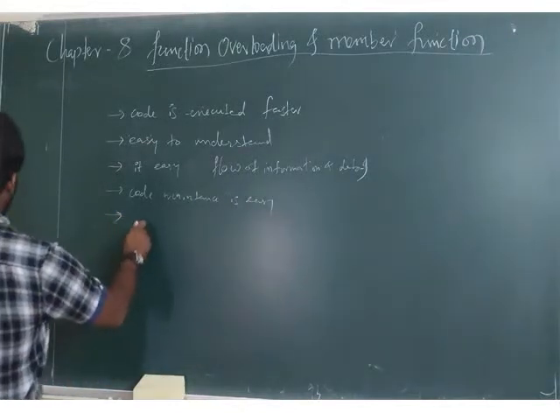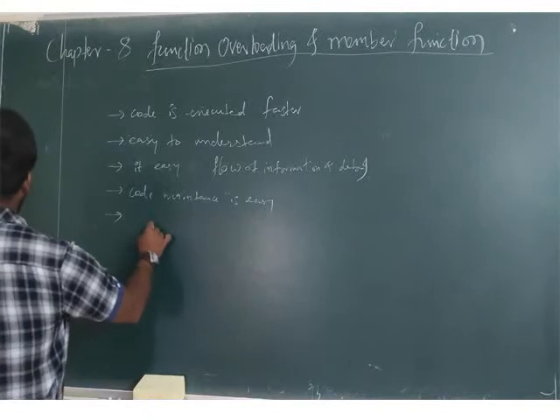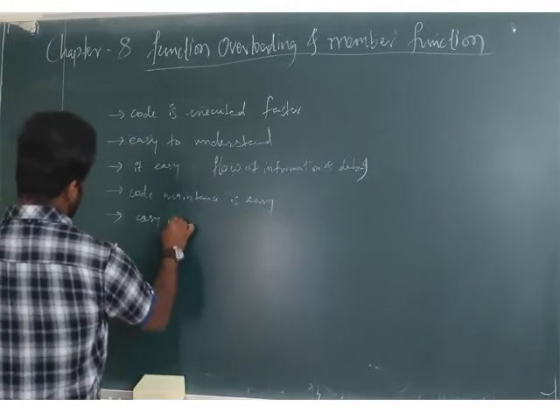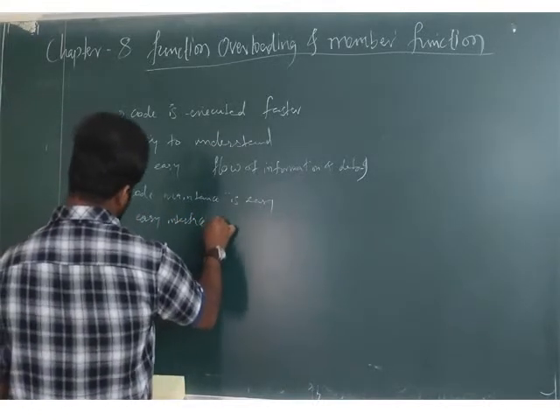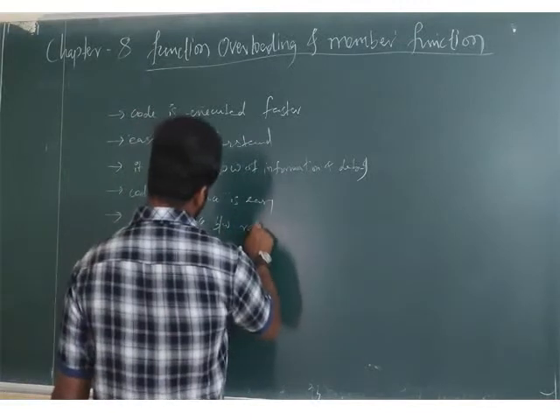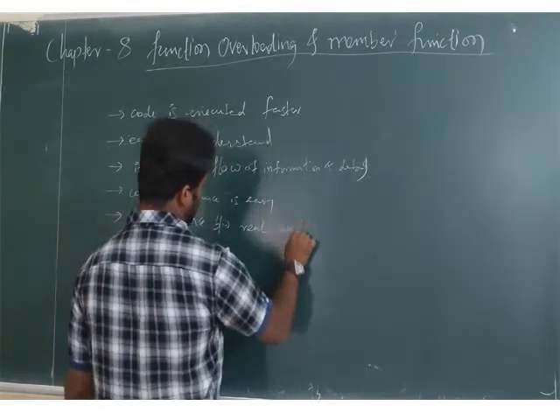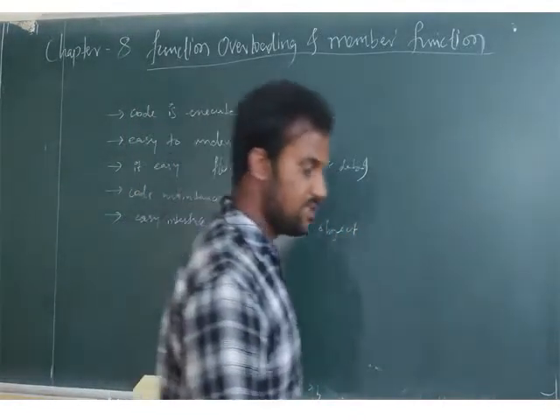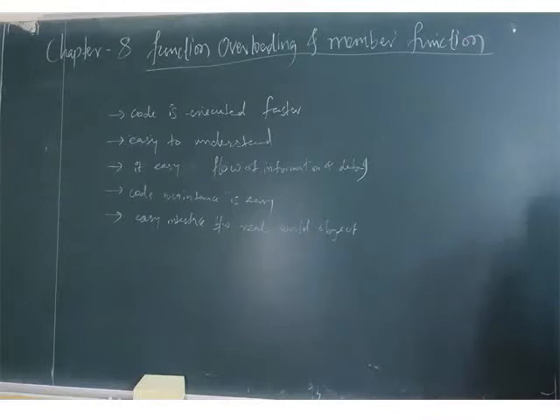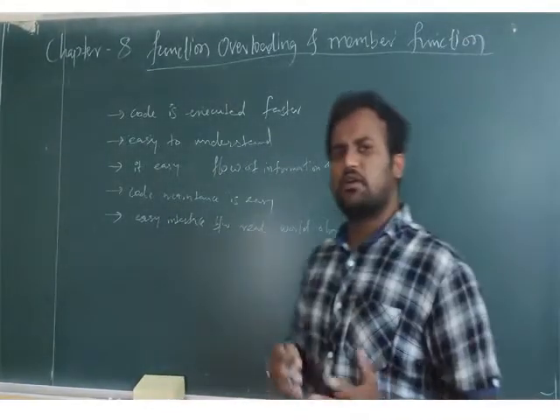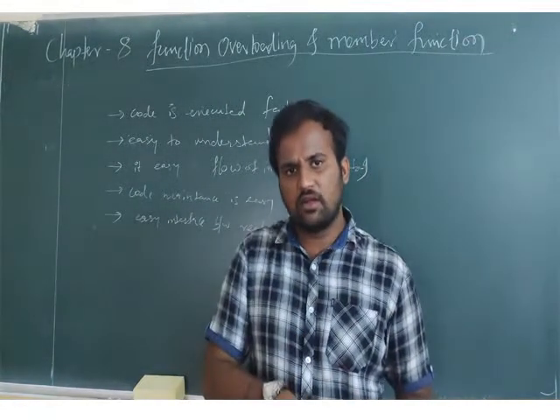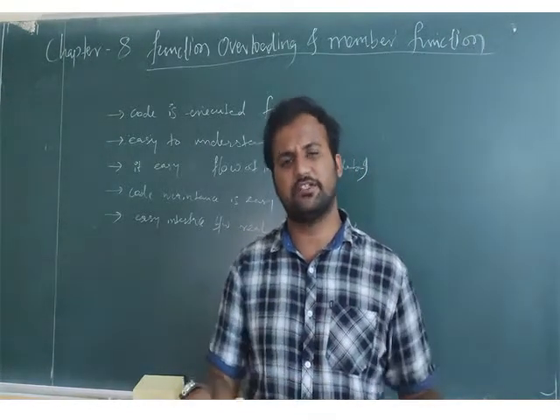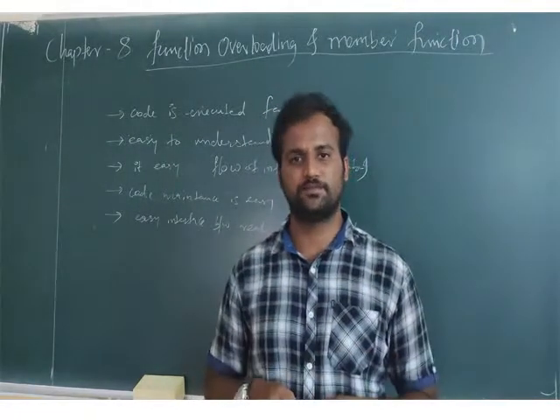And easy interface between real world objects. Easy interface between real world objects means this: triangle, rectangle, square, area of cuboid, whatever it is, those are all real world problems.